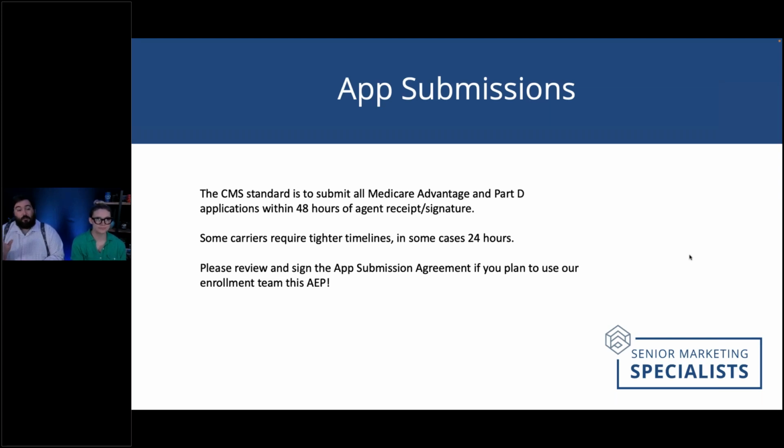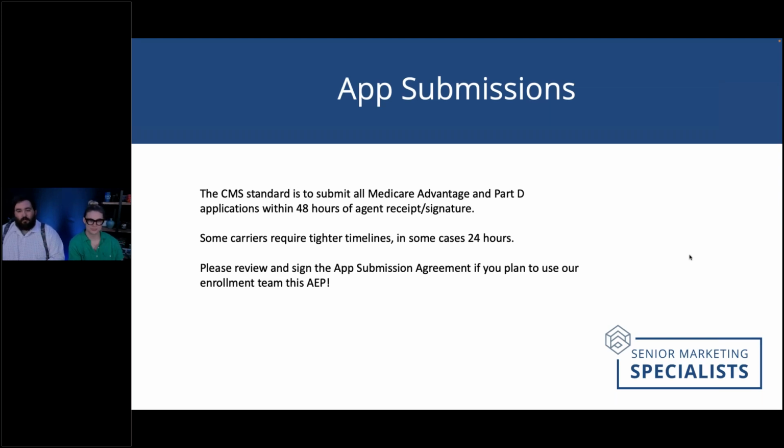And if you do plan to use our enrollment team, which can process not only your MA and PDP apps, but any applications for contracts you hold through Senior Marketing Specialist, make sure that you take a look at that app submission agreement, sign it and return it to us before you submit any apps to the enrollment team. We are more than happy to do that.